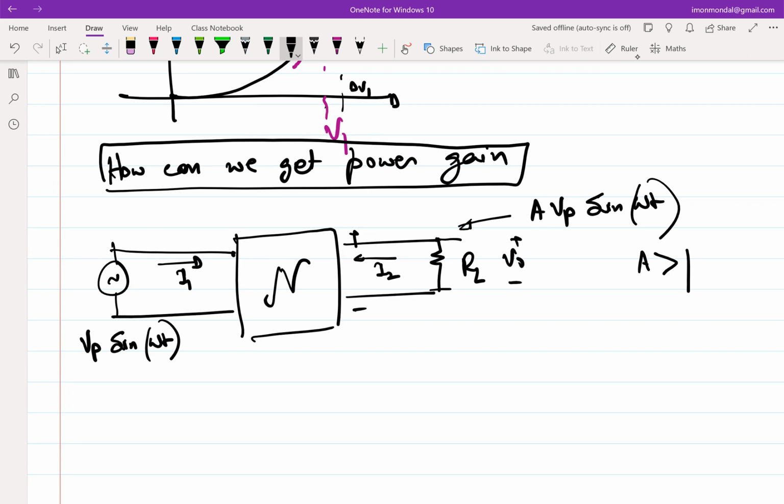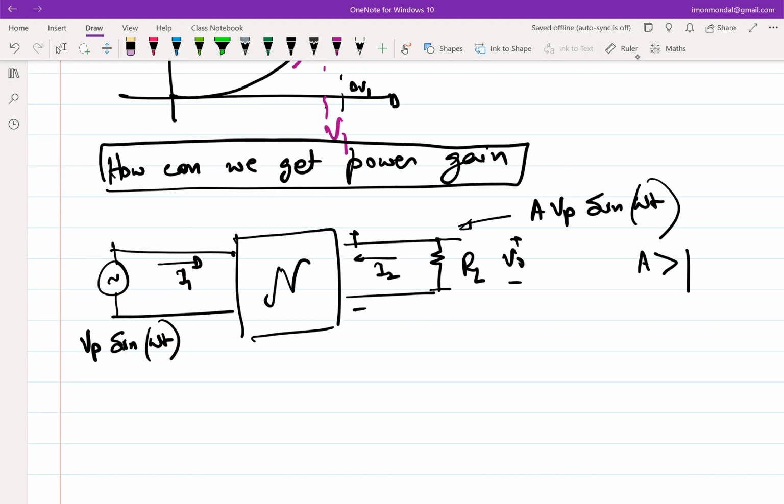So what I'm essentially looking for is a way to get a difference between whatever power is going in and whatever power I am observing at the output, and not only that, I should have higher power at the output. That's what essentially I'm looking for.